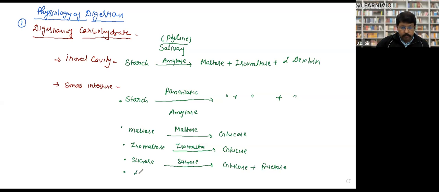Lactose is broken down into glucose plus galactose with the help of the enzyme lactase. Please note that.